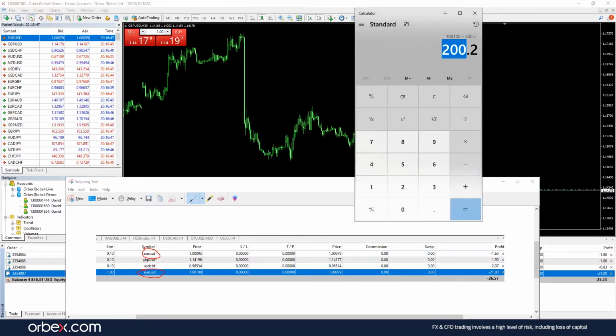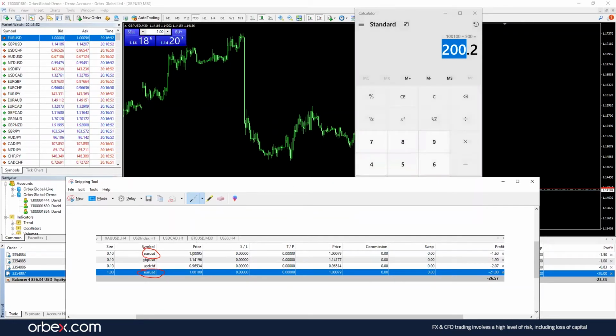Now, if we put that into terms of profit and loss, the way we calculate profit and loss is we take the opening price and the difference with the current price, and every symbol, be it euro dollar, dollar Swiss franc, pound dollar, has a different value.